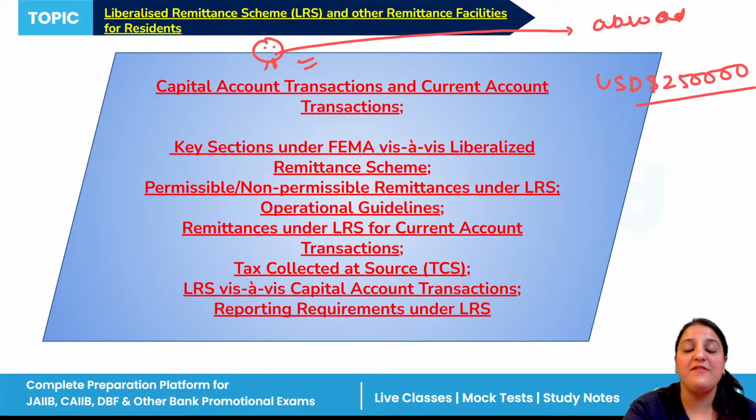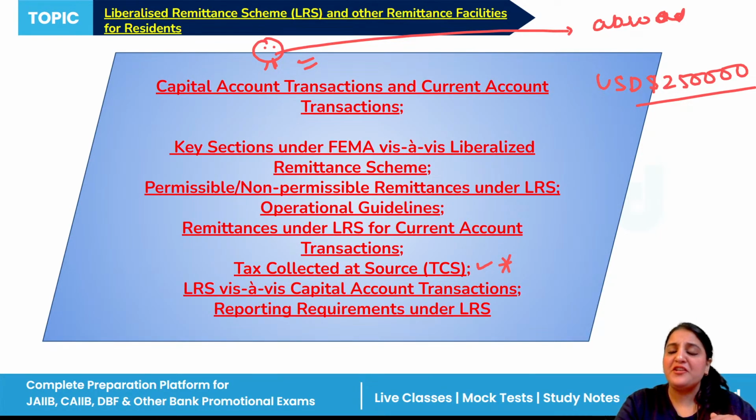In this we will learn about permissible and non-permissible remittances, and tax collected at source, an important topic. See, we are going to learn everything in a very easy manner, right? Don't buy any type of book, just think about the PDF, learn the PDF, revise the PDF, that is enough.